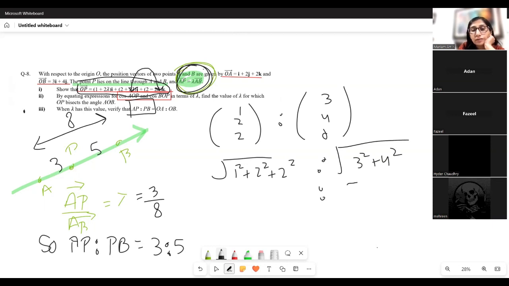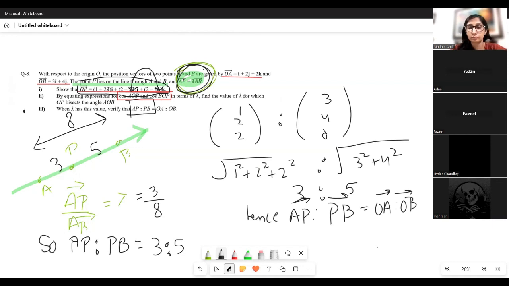So the right hand side is 5 and the left hand side will be square root of 9, which is 3. So hence AP ratio PB equals OA ratio OB. That was all of question 8.